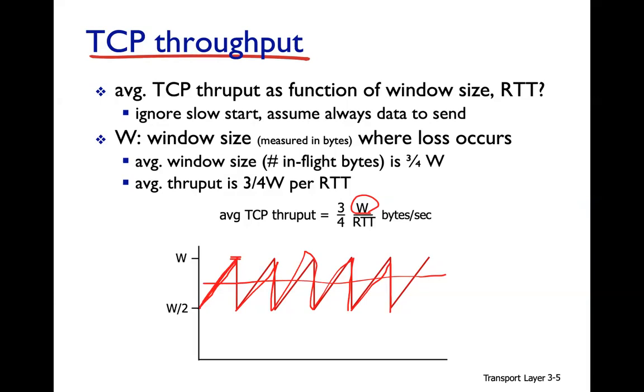So we can see how we increase our throughput. The way is we reduce our RTT. How do I reduce RTT? One way is we are close to each other.